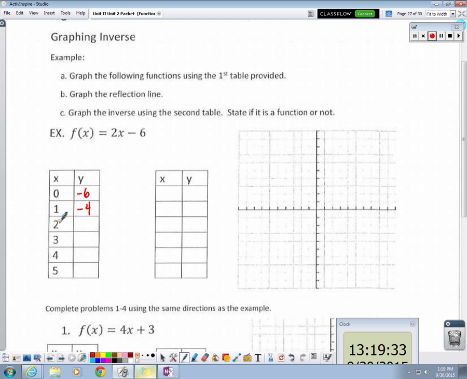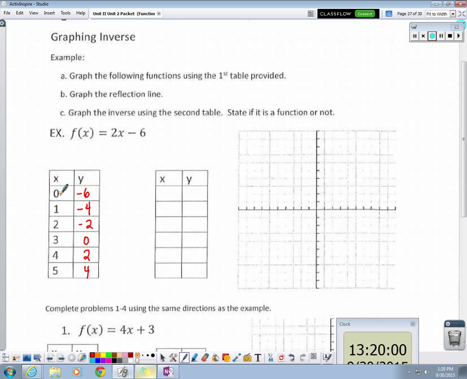Okay, if I pick a 2 and plug it in, 2 times 2 minus 6 is, if I plug in a 3, 2 times 3 minus 6 is, if I plug in a 4, I get 2 times 4 minus 6, which is, and if I plug in a 5, 2 times 5 minus 6. Okay, so now we have ordered pairs, which we could plot over here as points.